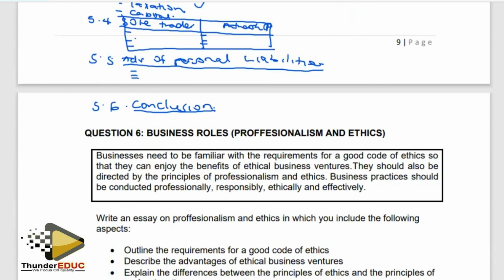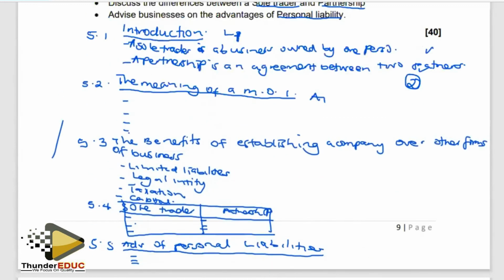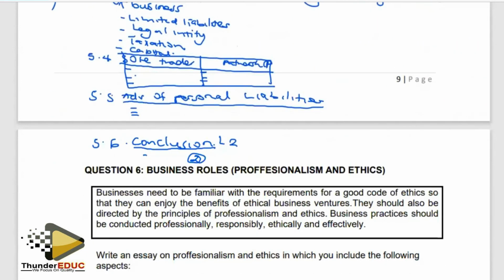And you receive layout 2 for this. It is the layout, and your conclusion will take 2 marks. So look, this is how we award marks. The marker will award marks in this manner. For example, you look for facts. If you have properly explained all the most important aspects, the facts, they all take a total of 32 marks.